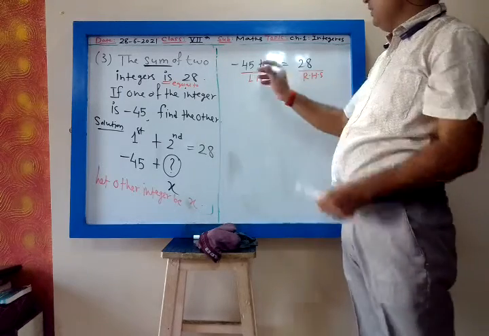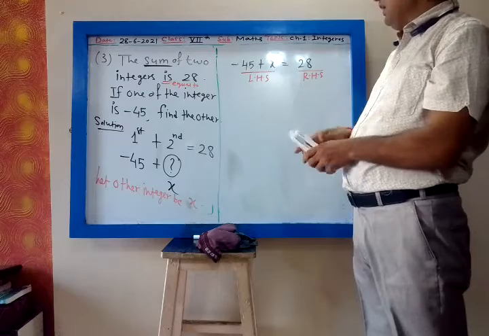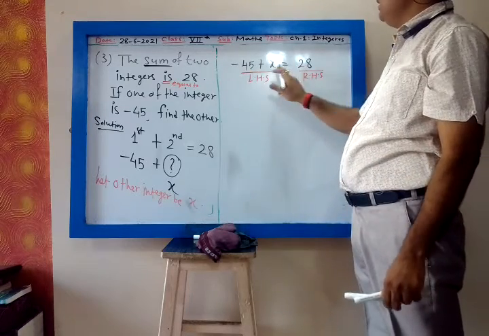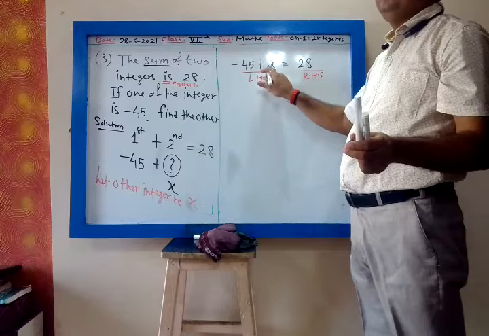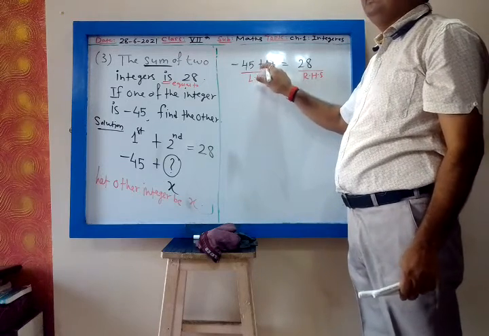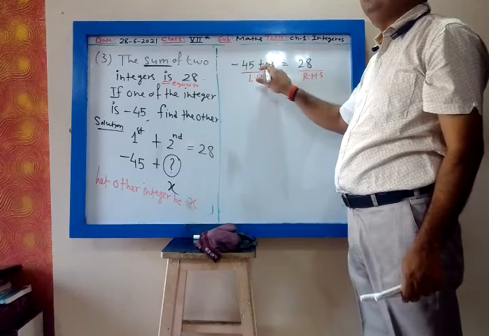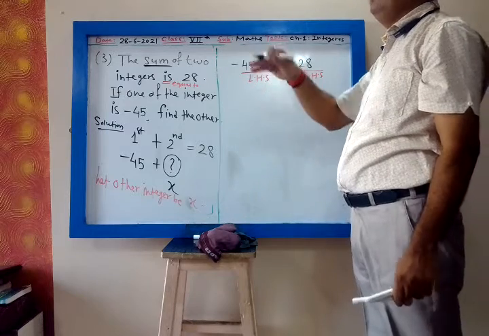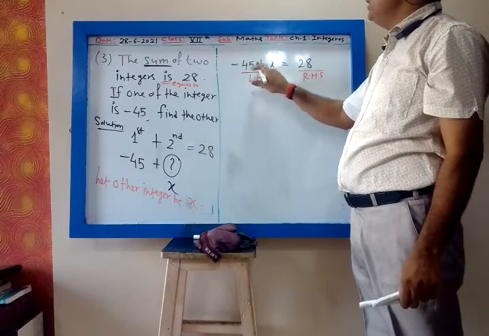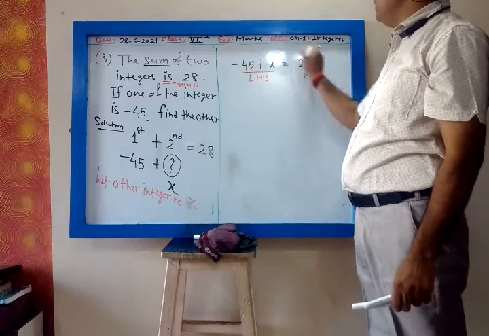So this minus 45 on the left side, I will take it to the right side. The x side I will not change because it is plus x. Whenever it is minus x, then we change the side of x also, as in the previous question. But it is plus x, so I will not change it.